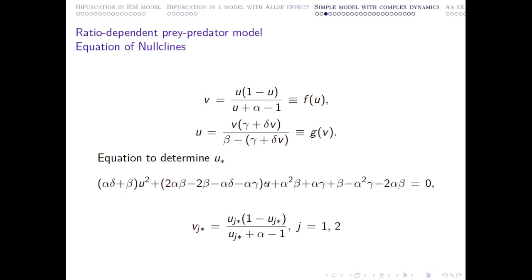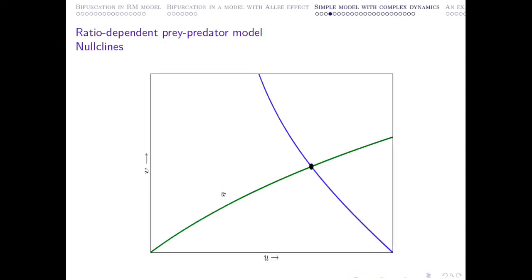So then you can clearly understand that there exist at most two points of intersection between these two curves, because these can admit at most two real roots, and corresponding to those two real roots, you will have the corresponding v components of the coexistence equilibrium points.